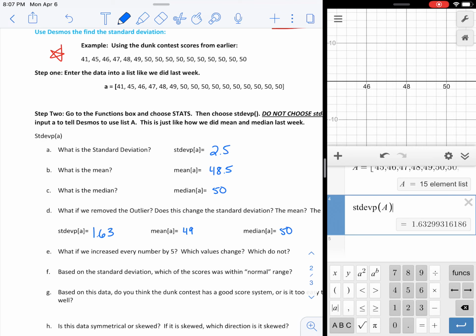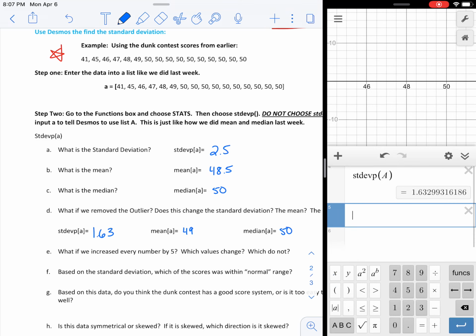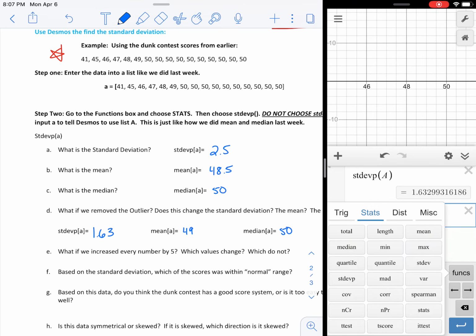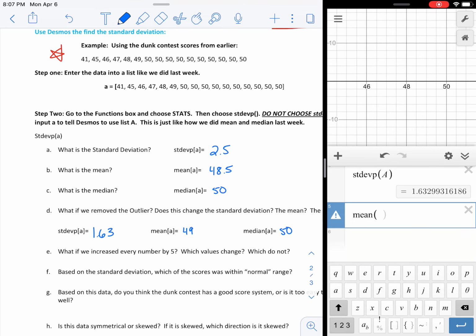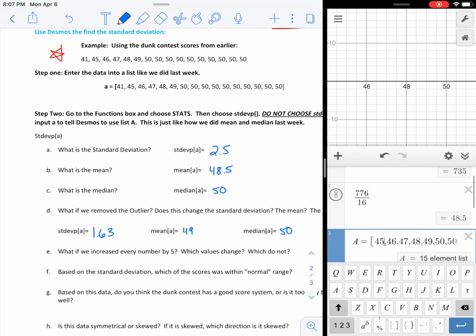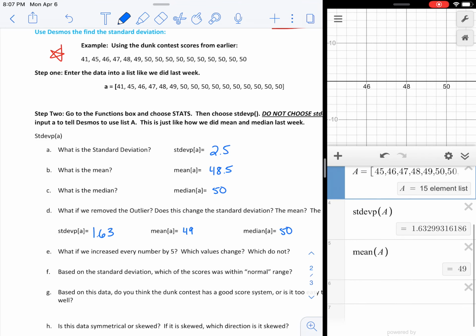So let's think about this. What if we increased every number by 5? Which values change, which values do not? Okay, so let's look at the mean. Let's look at the mean function, mean of A. Okay, it's 49. Let's say that instead of 45, we started changing all these numbers, right?